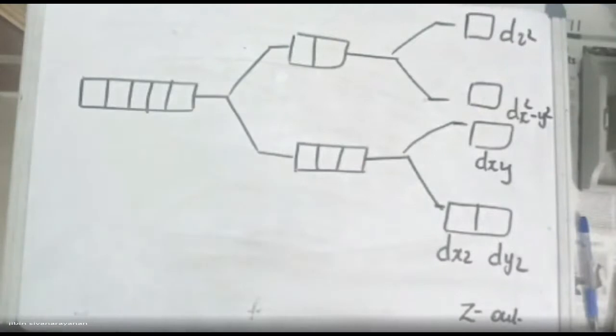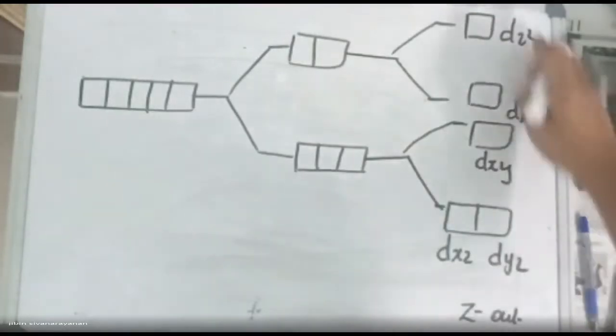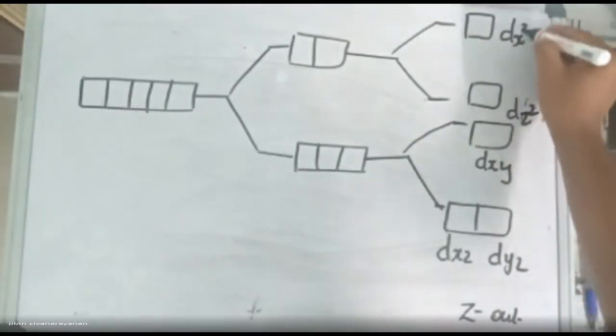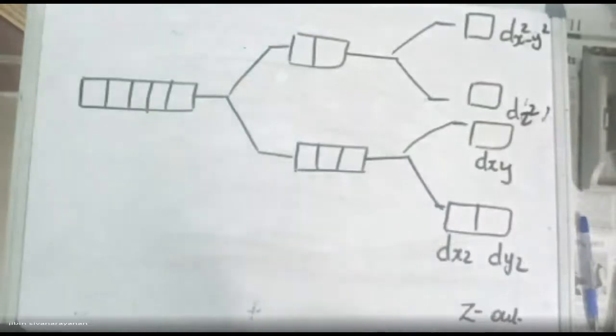This is z out. Z out means the z axis gets elongated, which means the energy of the z axis is reduced.